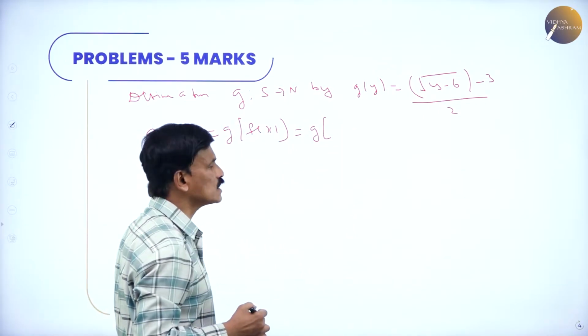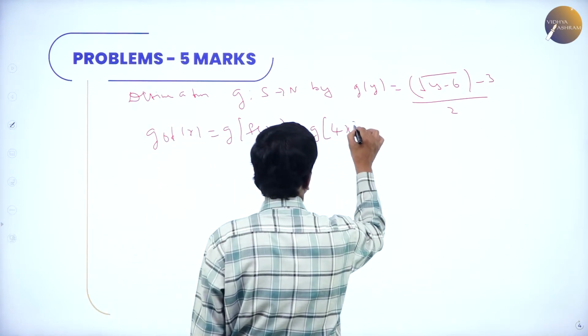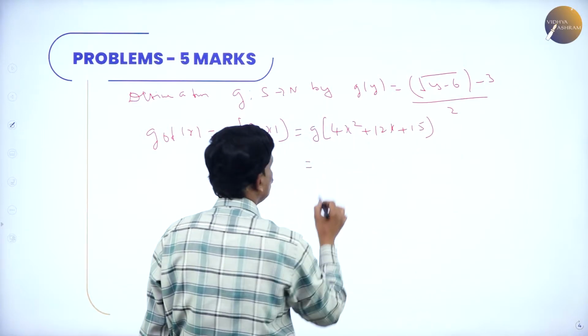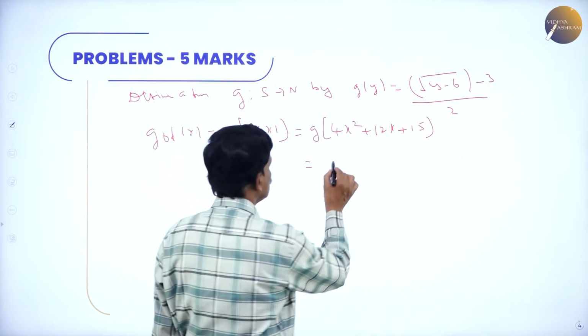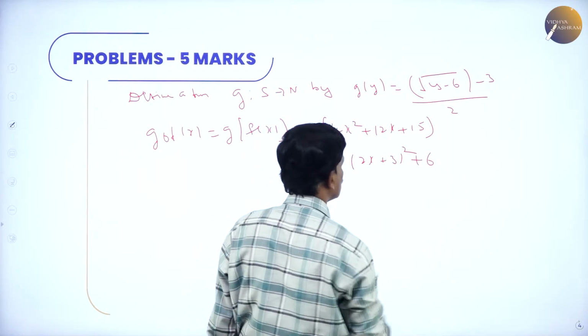What is f of x? The given equation is 4x square plus 12x plus 15. So, this can be written as g of (2x plus 3) whole square plus 6.